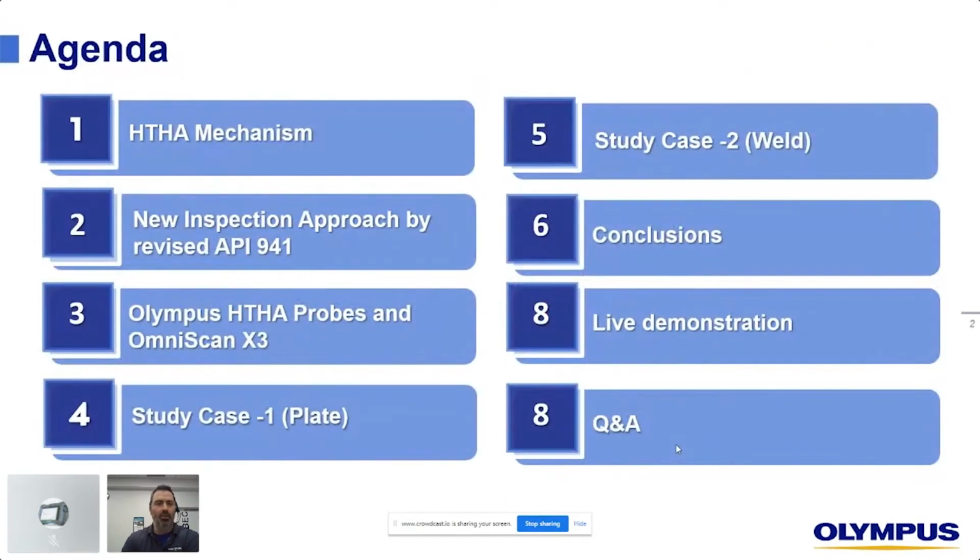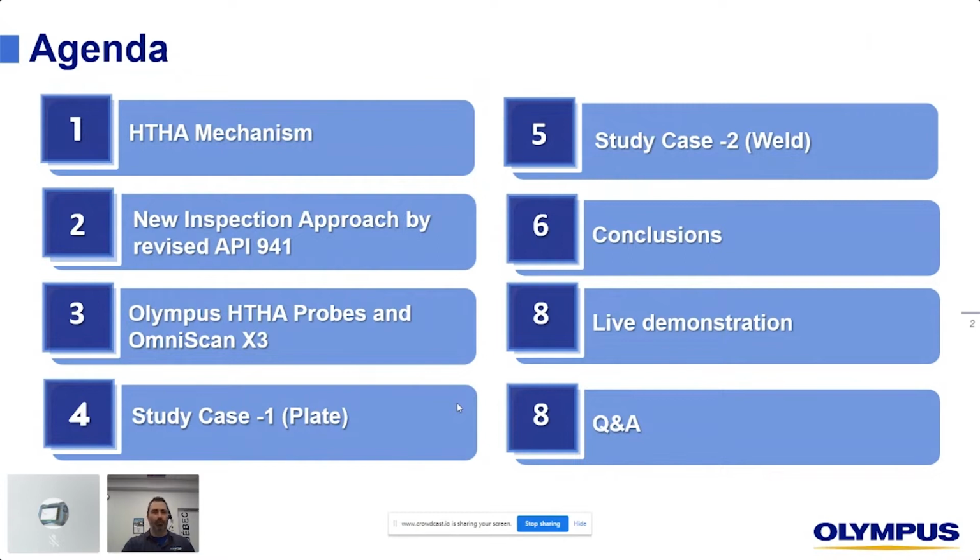So moving on, we'll be covering today the HTHA mechanism. How does it happen? As I said, we'll also base our knowledge or methods of inspection on the new revision of API 941. A bit of marketing for our product, Olympus HTHA probe kit, as well as the Omniscan X3.